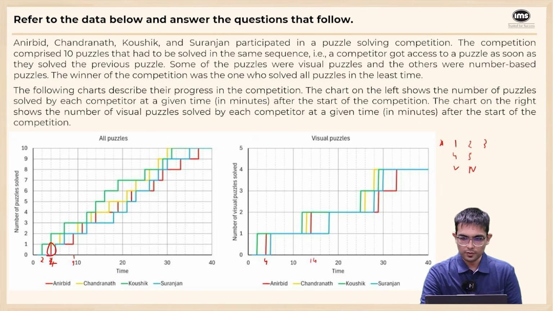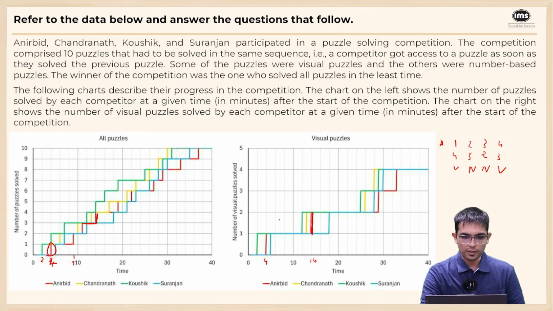As far as the third puzzle is concerned, it has got over at 11th minute. So from 9 to 11, it took 2 minutes. Again, it's a numeric puzzle. The fourth puzzle is 11 to 14, and that takes 3 minutes. But because at 14th minute, the puzzle that got over was a visual puzzle, hence the fourth puzzle is visual.